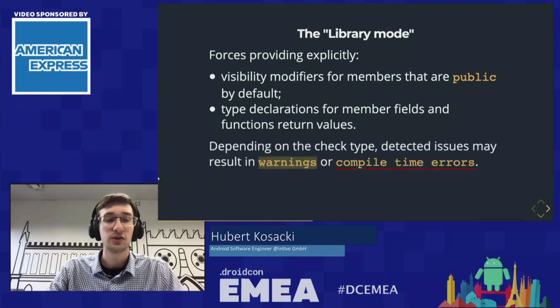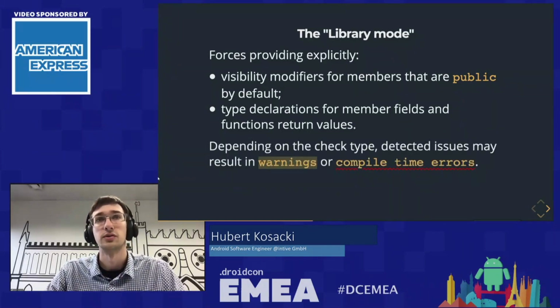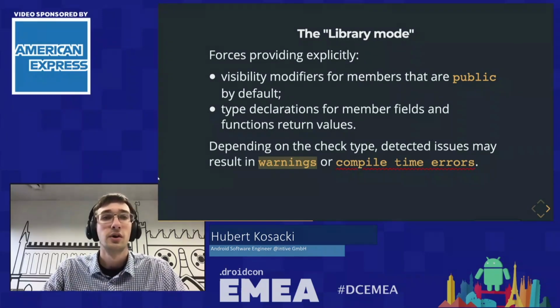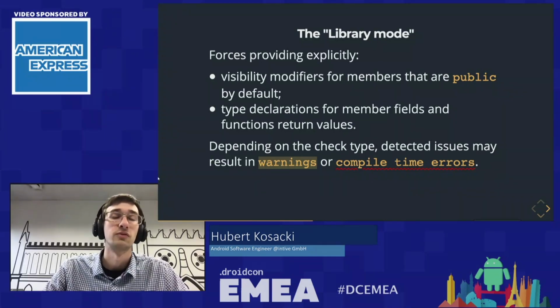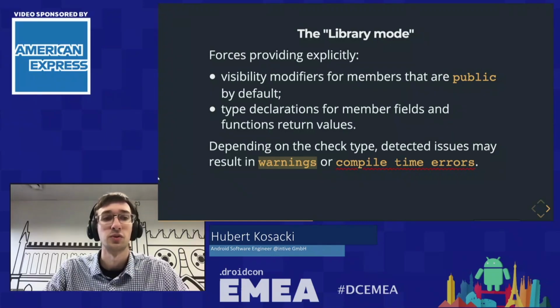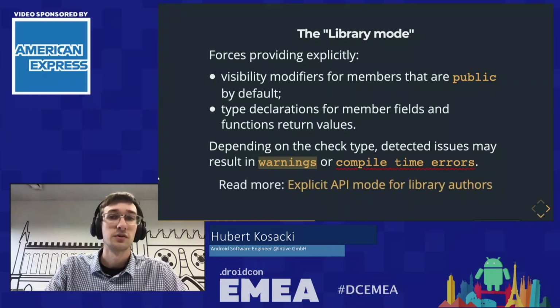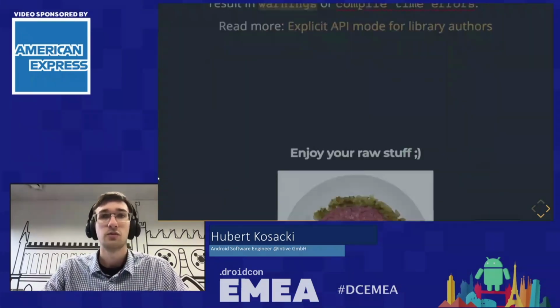And depending on the check type you enable in your library, you can see these reported as warnings or compile time errors that would prevent you from building something that might not be explicit in terms of exposing a clear API. If you are interested in reading more on this topic, feel free to check this link that I provided here. So basically, that's it.